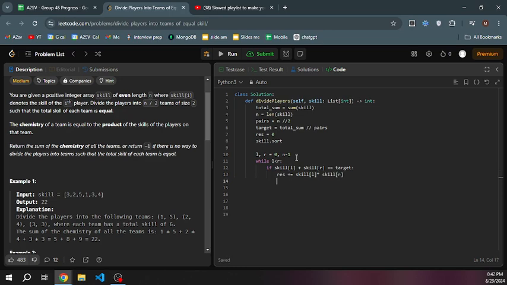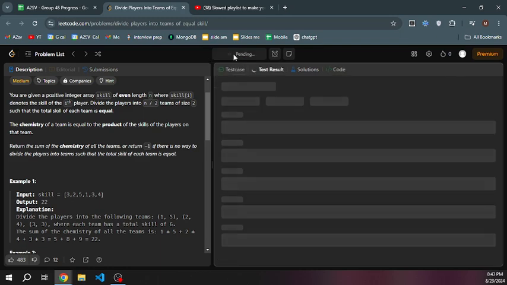That's how we sum the multiplications of left and right. If that condition is not satisfied, we are going to return -1. Then we modify our pointers to move forward, and otherwise right is going to be decremented by 1. And we are going to return our result.